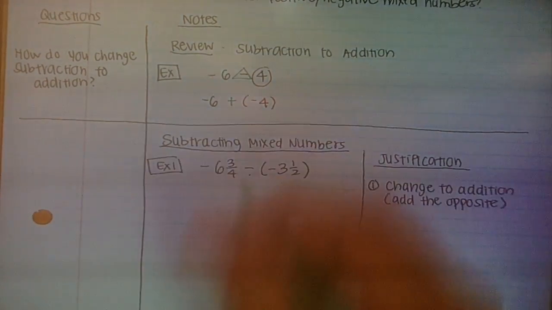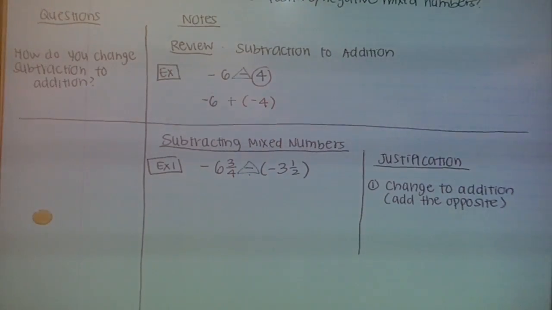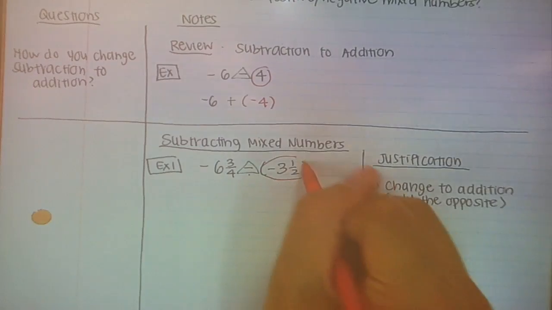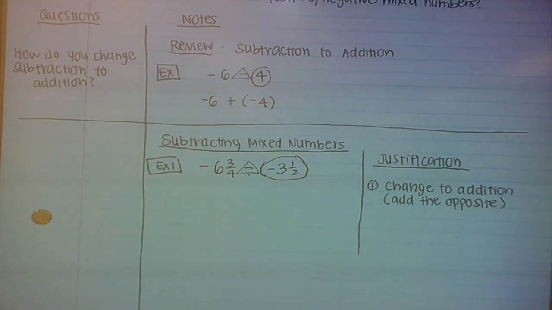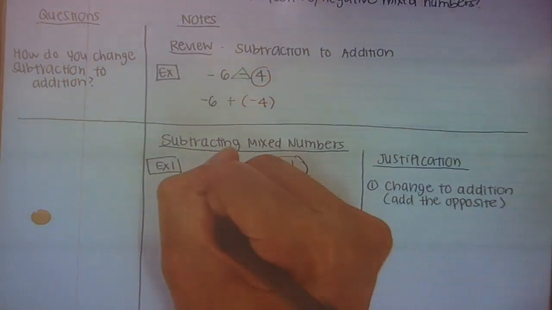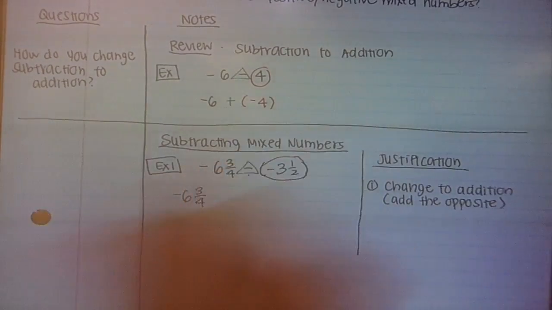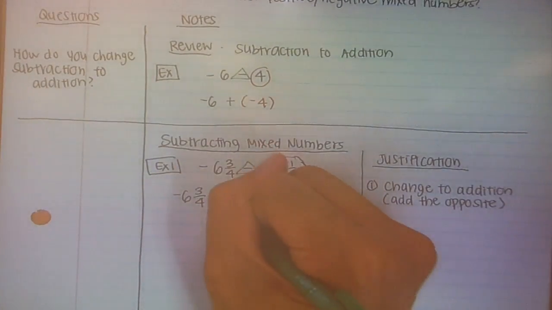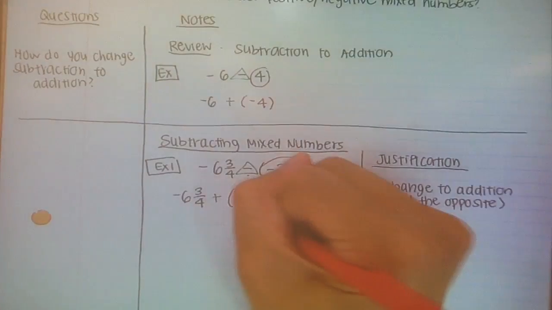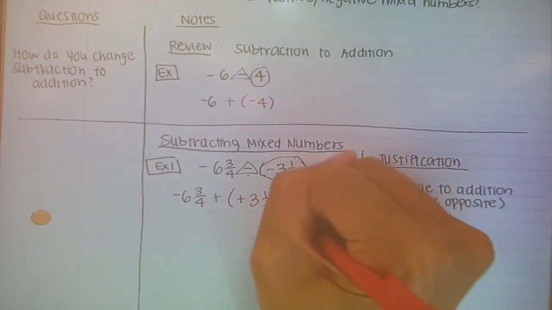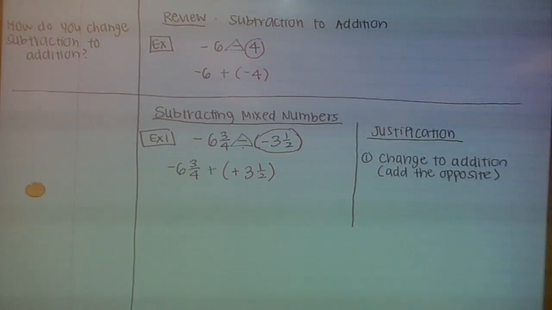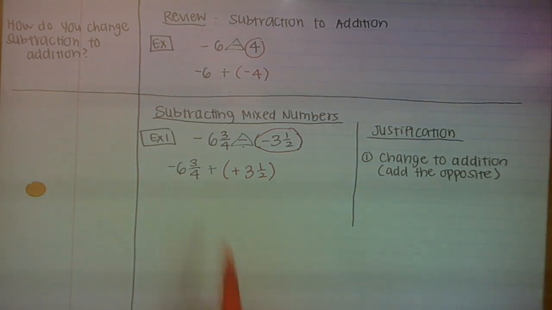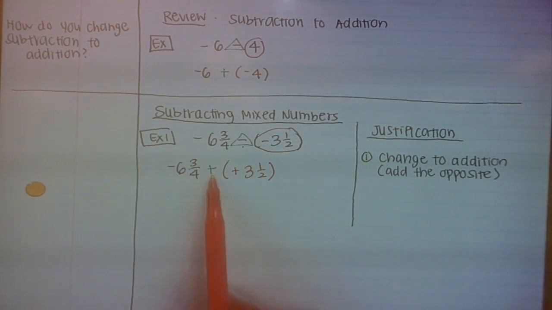So I'm going to change the operation to addition, and my second number becomes the opposite. So I rewrite negative 6 3/4 plus a positive 3 1/2. And now we are back to adding mixed numbers, which we know how to do from the last lesson.